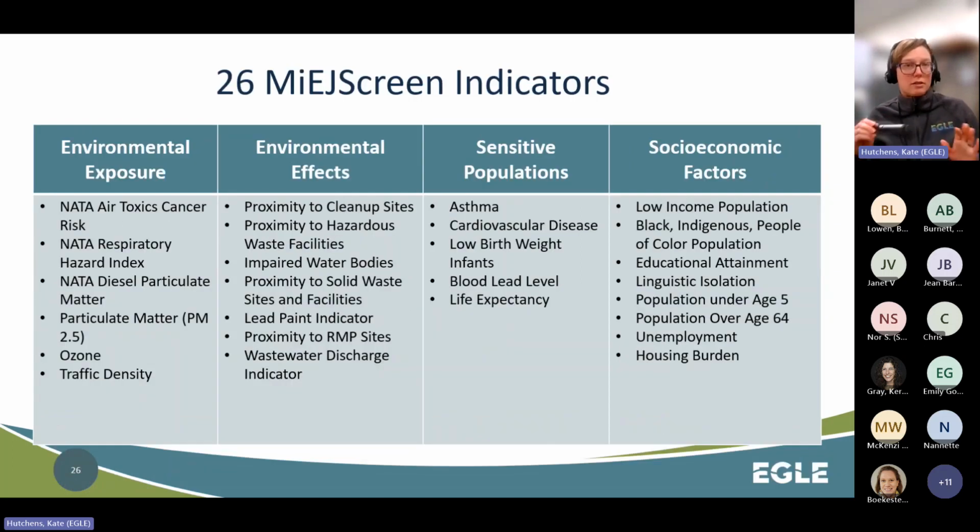So there are 26 of these indicators, and each one of these has a layer that you can view on the MiEJScreen tool, on the map, so that each census tract will have a percentile score for each one of these indicators.